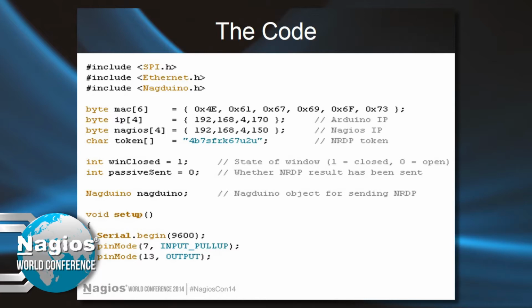The pull-up, don't worry too much about that. Essentially, all that's doing is putting a little internal resistor in there, so that it's either a 1 or a 0. Sometimes electronics can get a little spooky, and things are not always 1 or 0. They can be in between. This just makes sure that does not happen. And then pin mode 13, output. Just a little LED on board for diagnostic purposes, and I don't actually use it in this code.